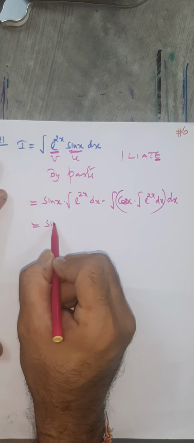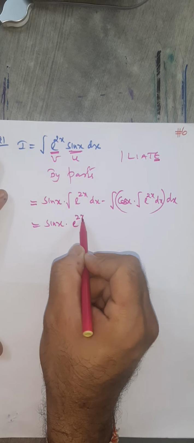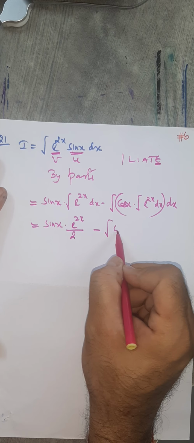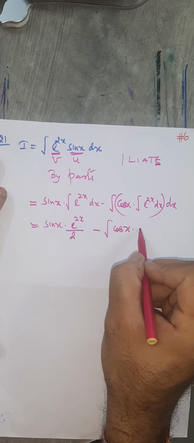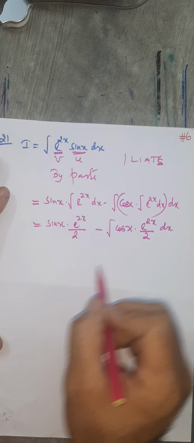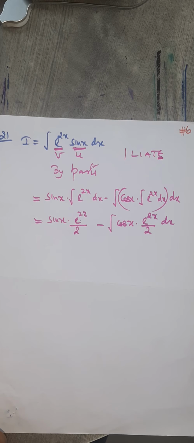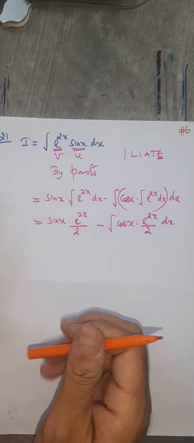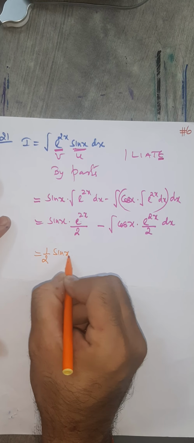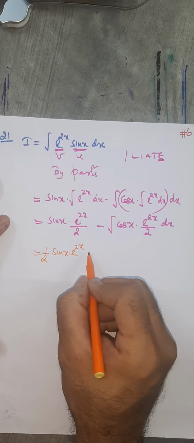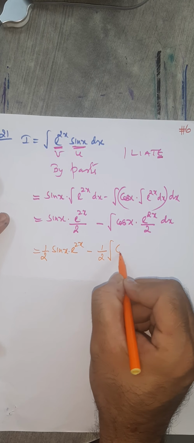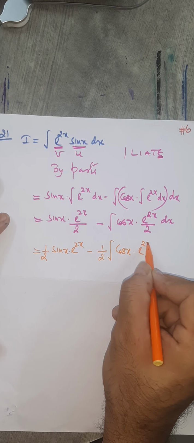So you have sin x into e raised to 2x upon the coefficient of x, which is 2, minus this cos x as it is into the integral, the same as what you have written there, by 2, this dx as it is. So here you have 1 by 2 into sin x into e raised to 2x minus this 1 by 2, being constant, you can keep it outside. So you are getting cos x into e raised to 2x dx.